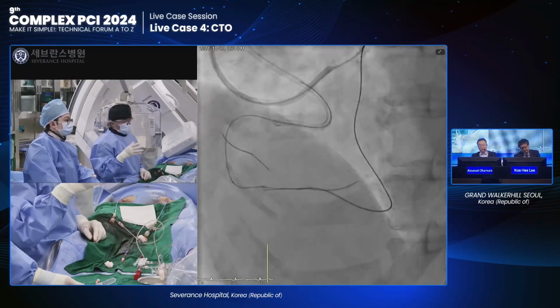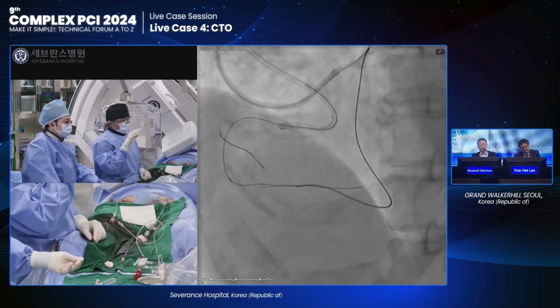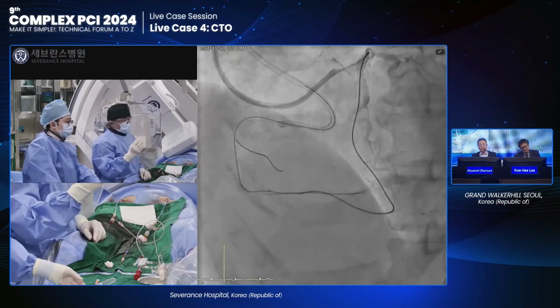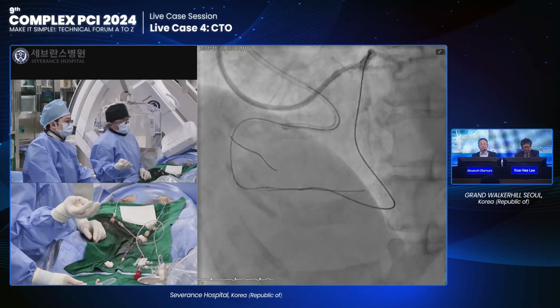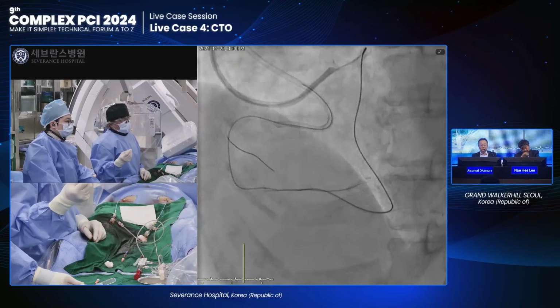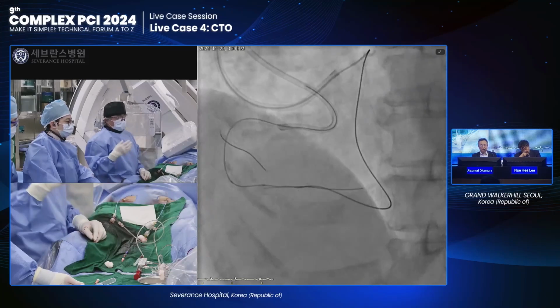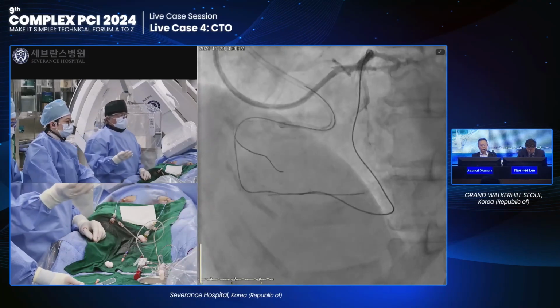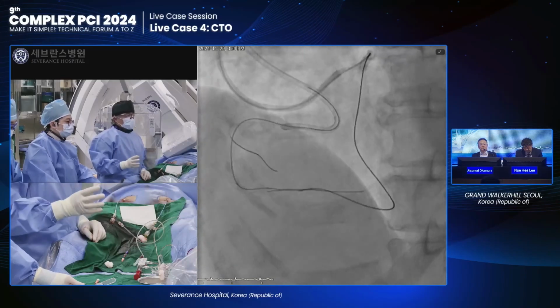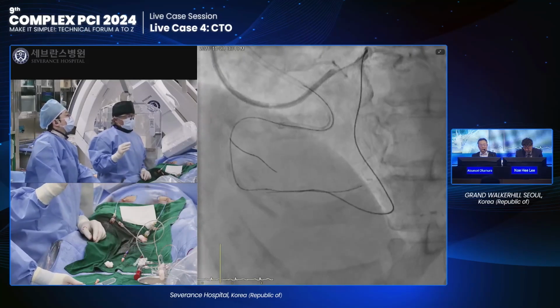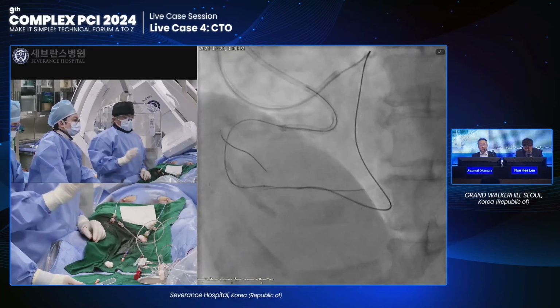So to reduce the angiogram, I can reconfirm after crossing the Corsair and then check the IVUS, whether the wire is in the true portion or not, and then I put the post stent. I put some stent and also the IVUS-guided CTO PCI is ongoing.